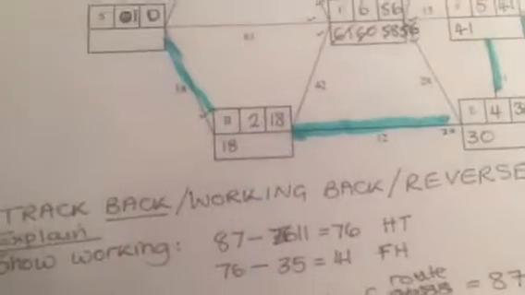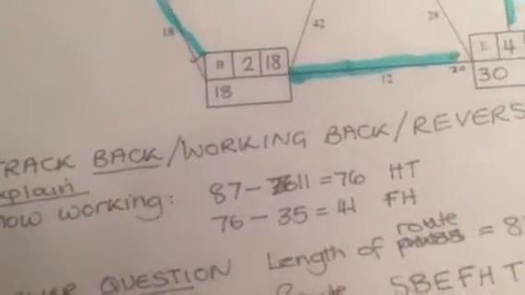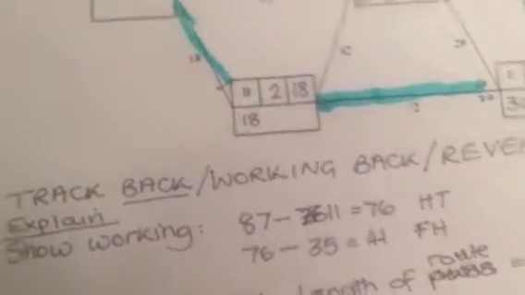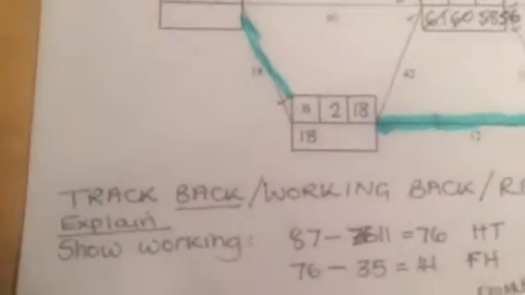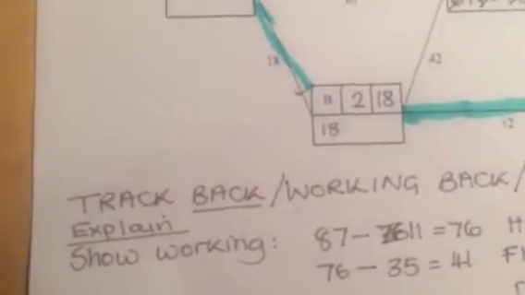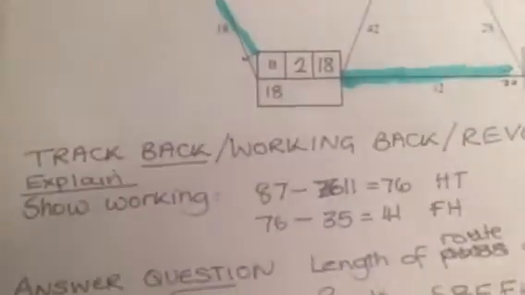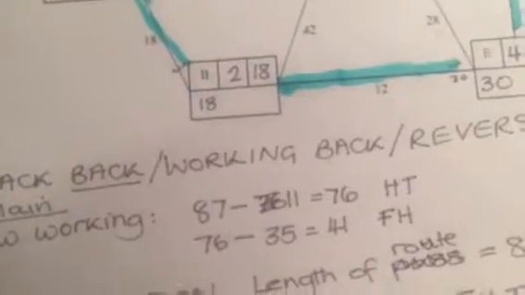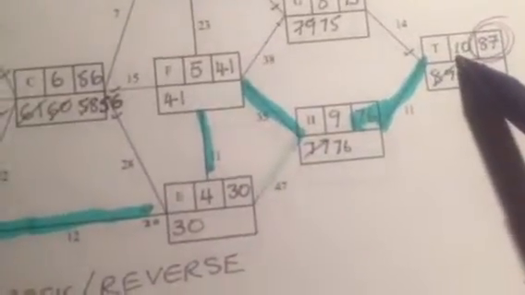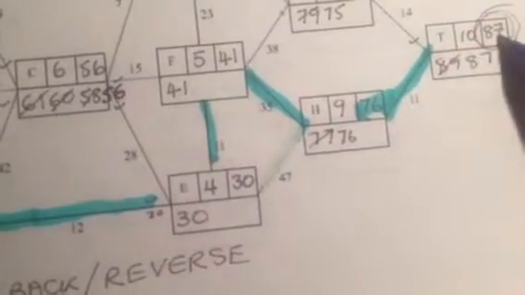Occasionally it will say find the shortest route showing your working, or explain how you found it. The best way to explain is actually to do the calculations. You must use the phrase that you're either tracking back, you're working backwards, you're working in reverse. So you start at this end, so you started at T and you did 87 minus 11 to get 76.